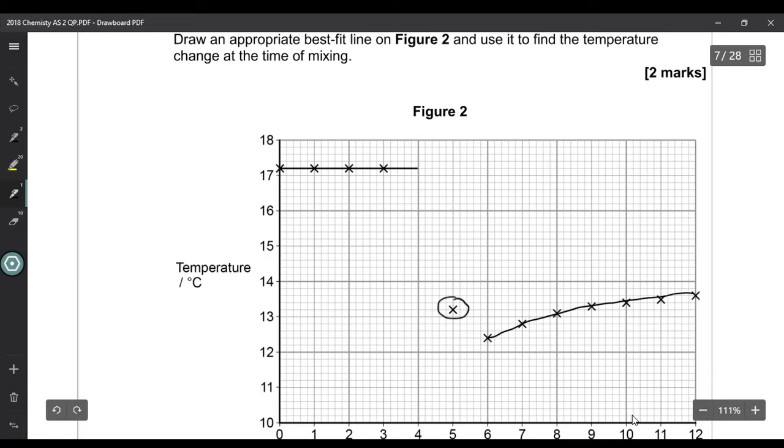I'm going to ignore the time at 5 minutes. And also, I'm not going to go beyond the 4-minute mark, because this is the point where we added the other reagent and stirred it. So to get the marks for drawing the graph, we need to ignore the point of 5 minutes and not extend this line past the 4-minute mark.